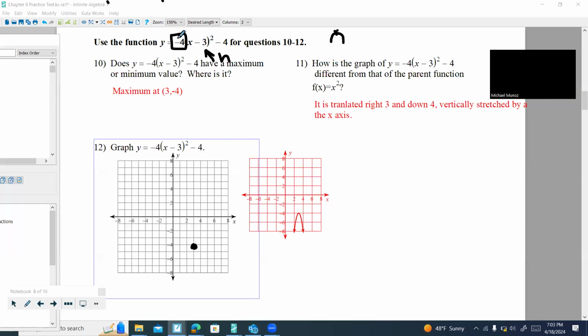Or I could say that this is being multiplied by a -4. Well, I know I'm going down. And I know 1 times 1 is 1. But then I divide that by 4, that would be 1/4. Geez, I'm so sorry.